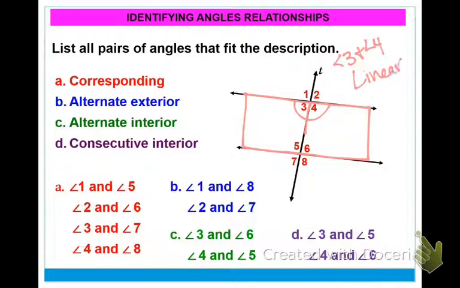Good. So they're a linear pair. The number one reason they're not consecutive interior, which side of the transversal is 3 on? The left. And then which side of the transversal is 4 on? The right. Okay. By definition, that it wouldn't make sense for us. Okay. So consecutive interior are at 2 separate intersections. So it'll always be 3 and 5, 4 and 6, or whatever numbers they have.